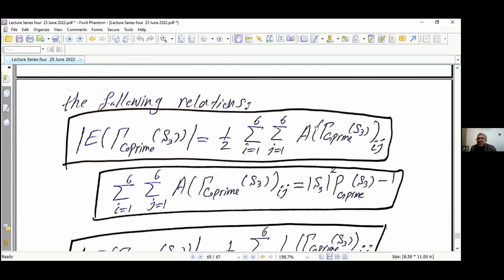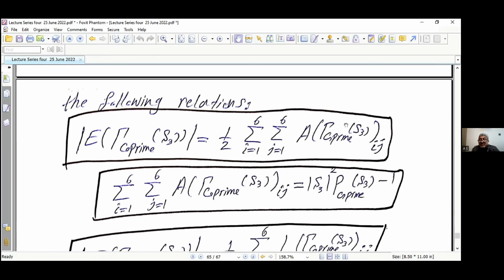Because the co-prime degree is the number of pairs divided by the order of G squared, if you take any group G. So the co-prime degree of G is the number of pairs having co-prime orders divided by the order of G squared, right?